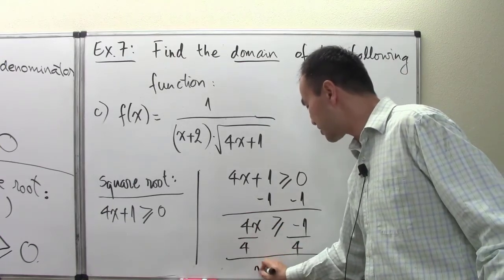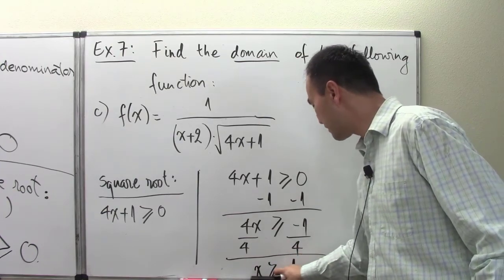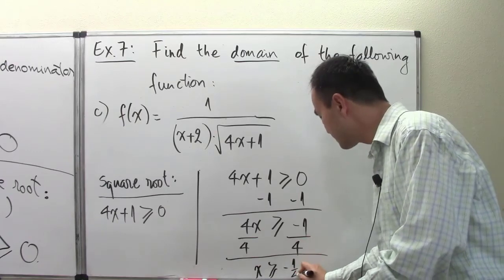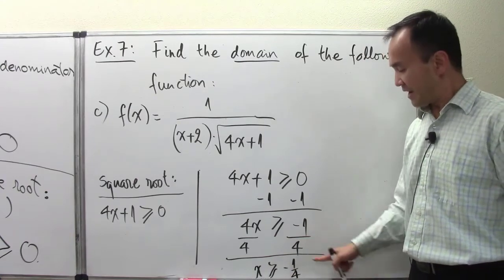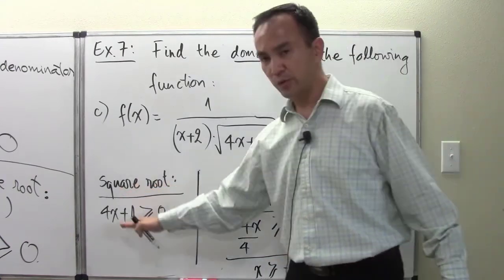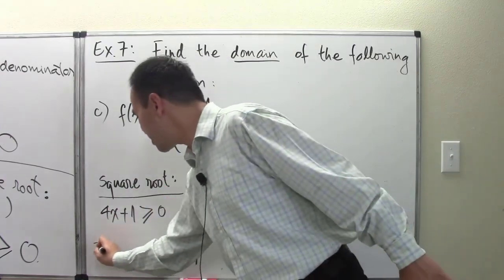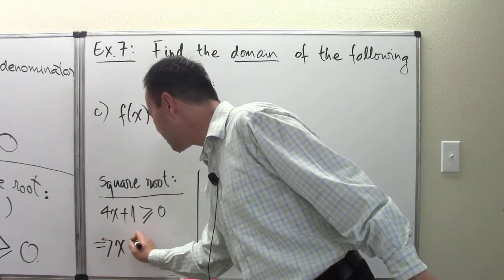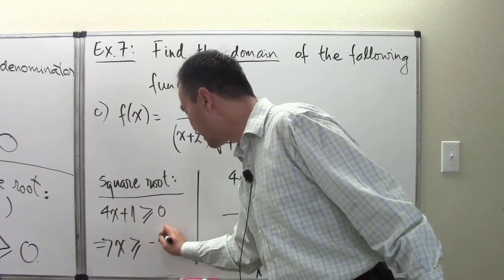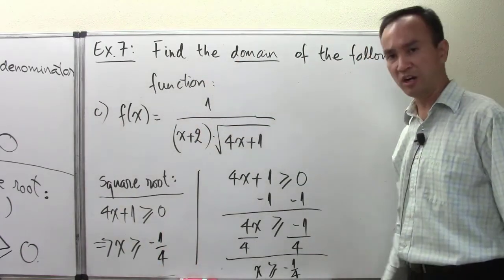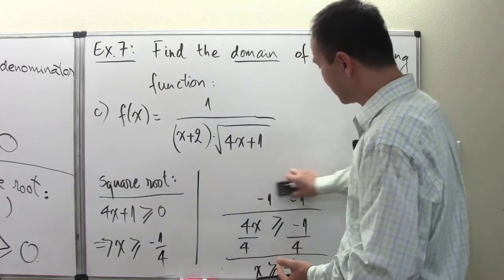So x is greater than or equal to -1/4. That is the requirement: we only use inputs greater than or equal to -1/4. That's one requirement fulfilled. Now let's move on to the other requirement about the denominator.